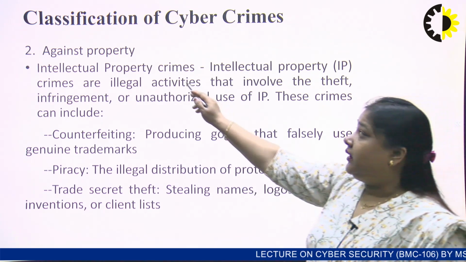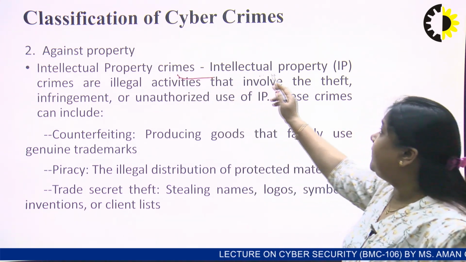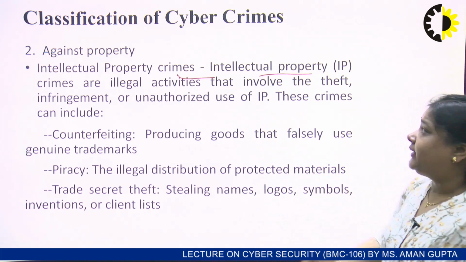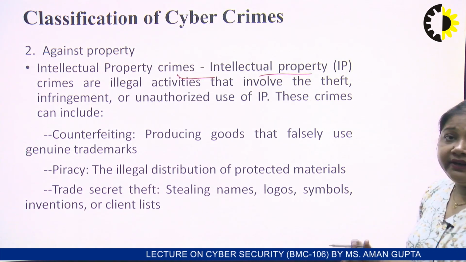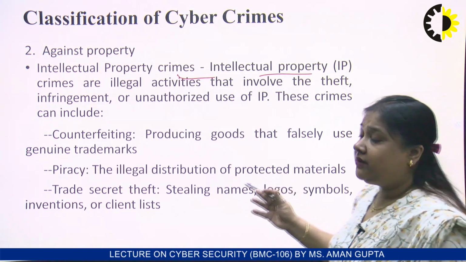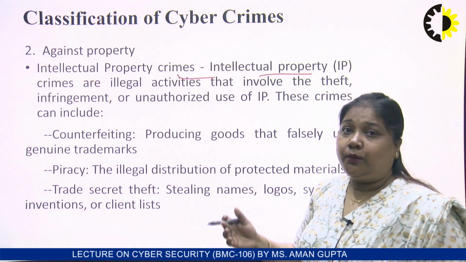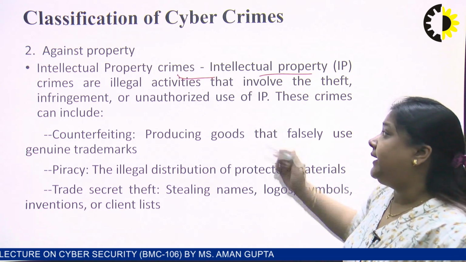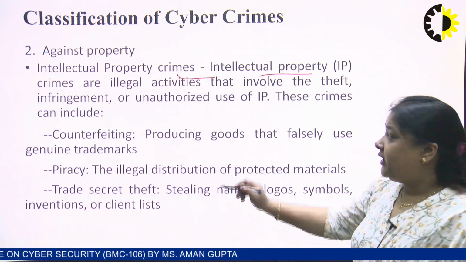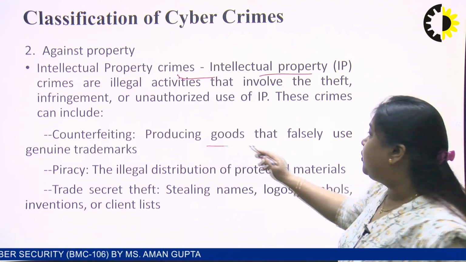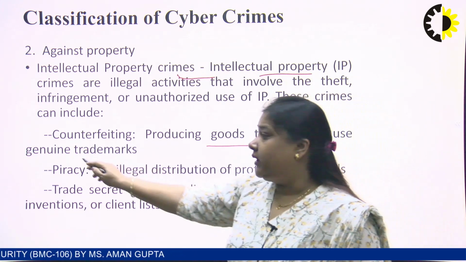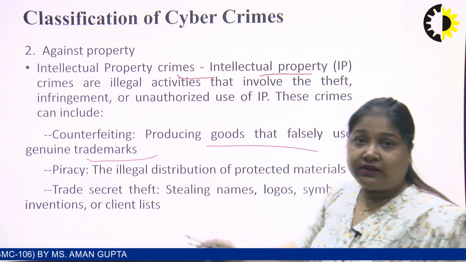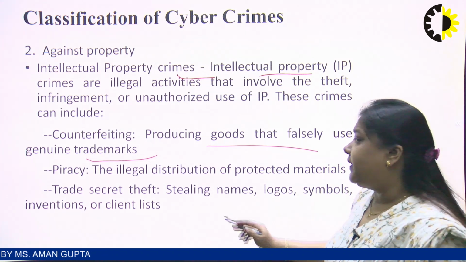Next one is intellectual property crimes, which are illegal activities that involve theft, where somebody uses someone's poetry or someone's blog. That is called intellectual property crime. Counterfeiting is producing goods that falsely use a genuine trademark to copy some website or company trademark.